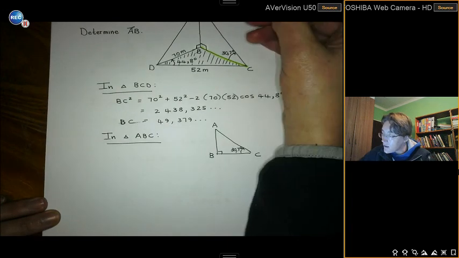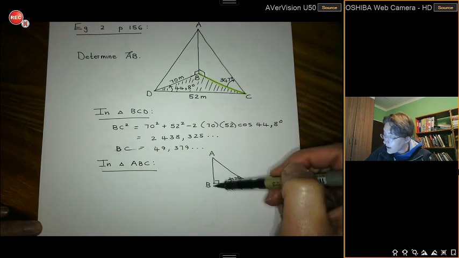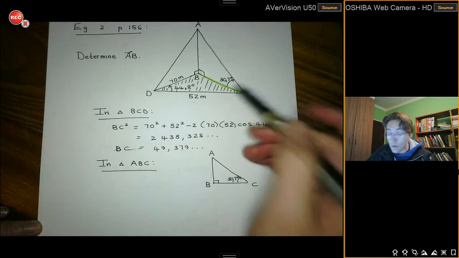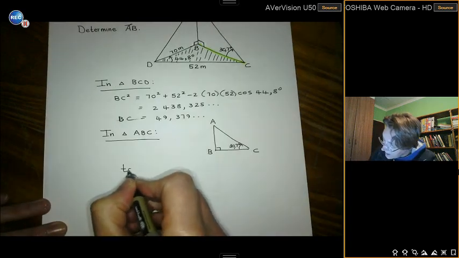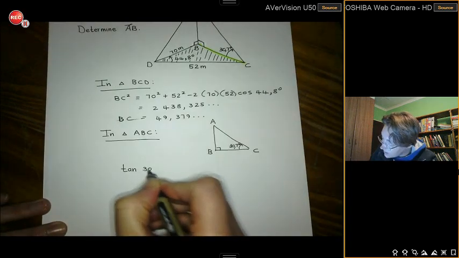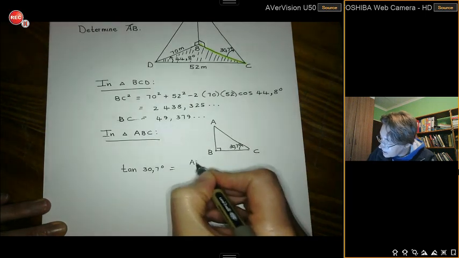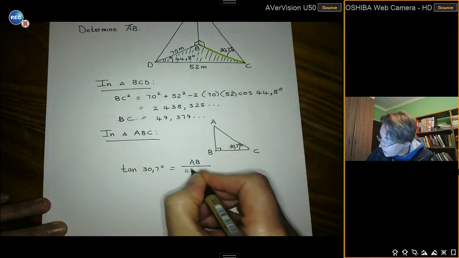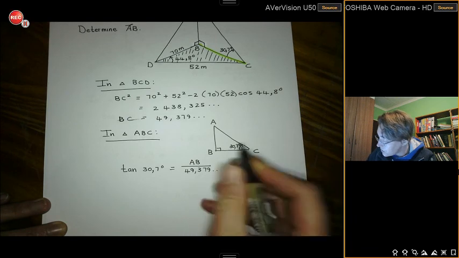Now, I want this side right there, which is my opposite. I've got this side over there, so that's my adjacent. So opposite over adjacent is again going to be tan. So the tan of 30,7 degrees is then going to be equal to opposite AB over adjacent, which is the one that I calculated, the 49,379, and again I'm just going to go dot, dot, dot.